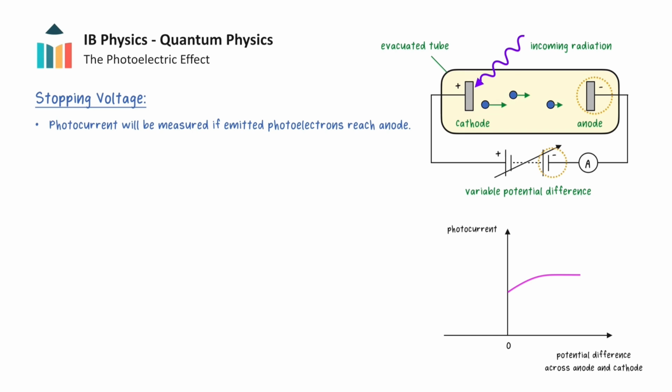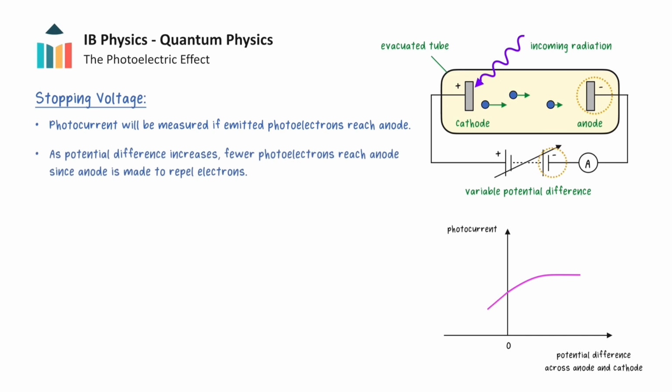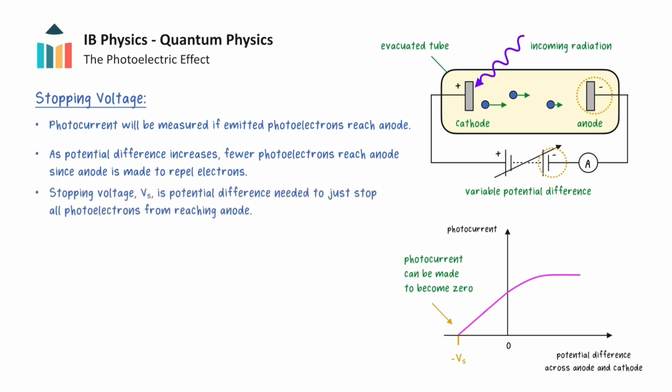This means the anode actually can be made to repel the emitted electrons, and more photoelectrons will be prevented from reaching the anode as the potential difference is increased. Eventually, the potential difference will be large enough to stop the most energetic photoelectrons, and the current will fall to zero. This potential difference is known as the stopping voltage, denoted by V sub S.